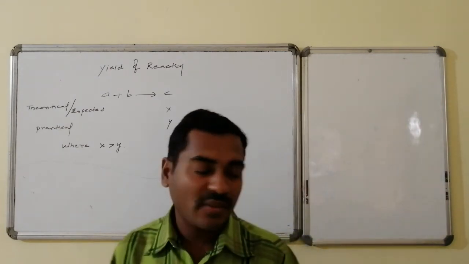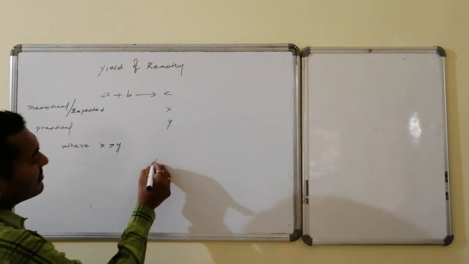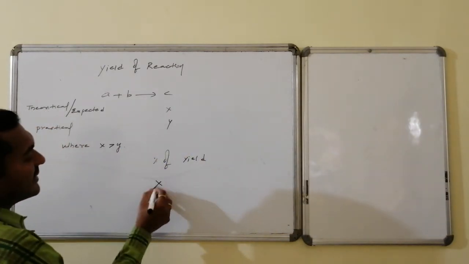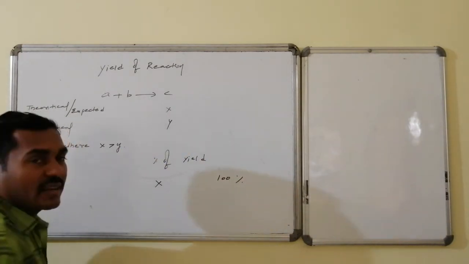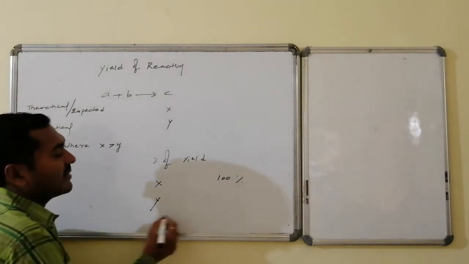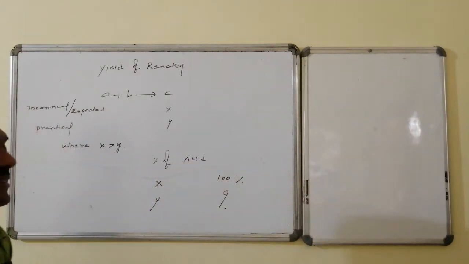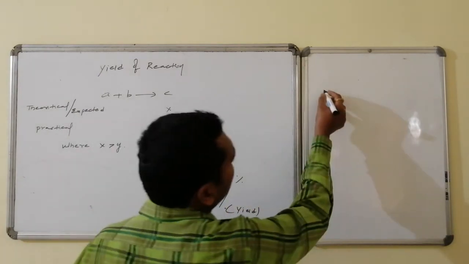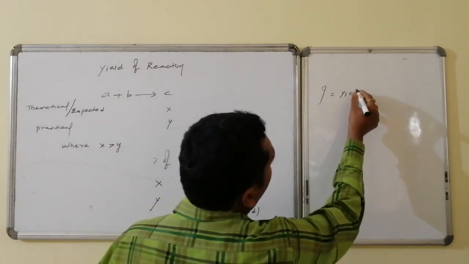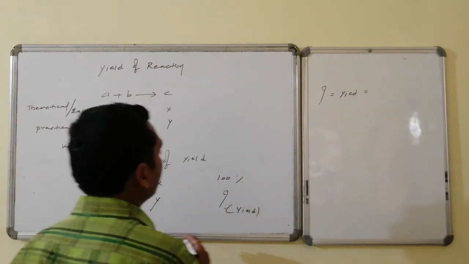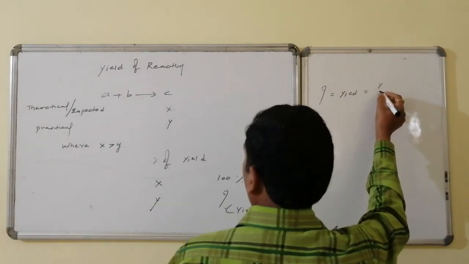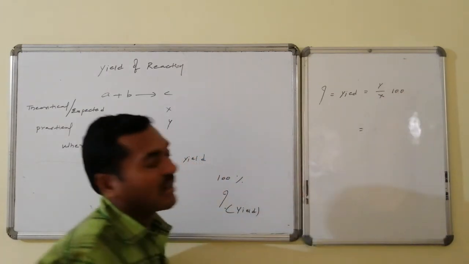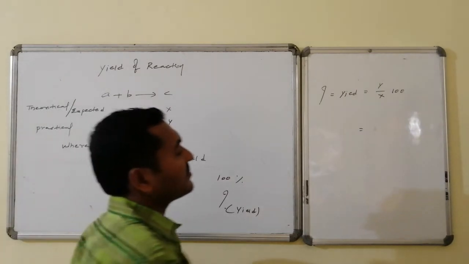So the percentage of yield is like this. Theoretical weight X is considered to be 100%, whereas practical weight Y is how much of that, that is said to be the yield. So the yield will be equal to Y by X into 100, that is practical weight by theoretical weight into 100.